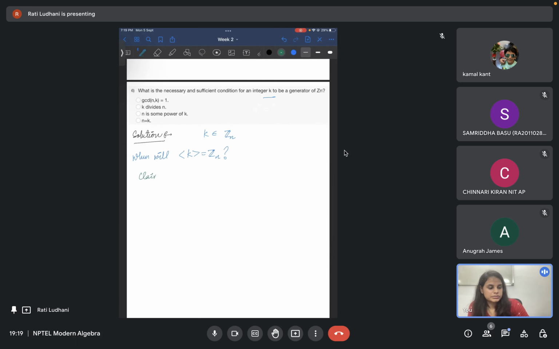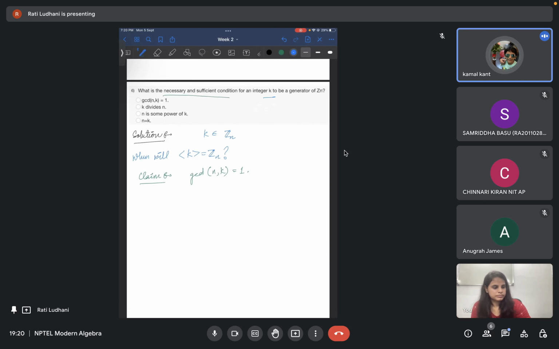Yes, Kamal? GCD 1? Yeah, exactly, GCD 1. So we'll prove it. Can you tell me where we can begin? I was just thinking, assume that k divides n or n divides k.